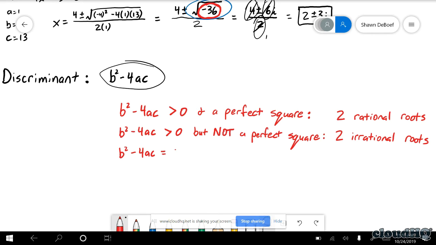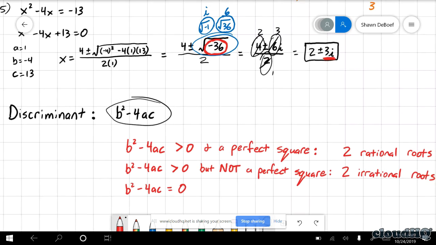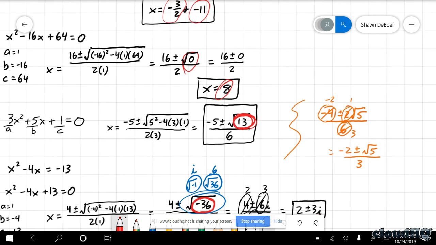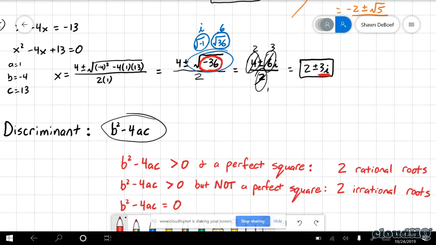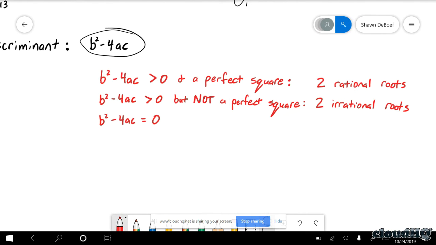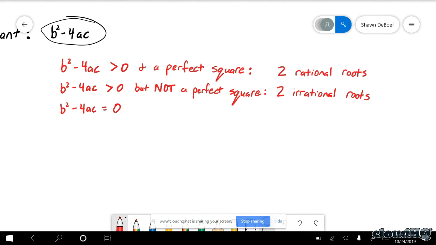When b squared minus 4ac equaled 0, what did we have for roots? We had one of those up here. Question number 3, we had a 0. We ended up with one answer, and it was rational. It also happened to be an integer, but that's not always the case.